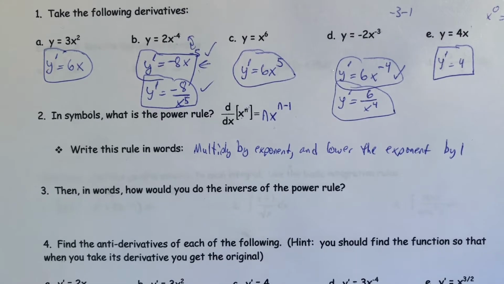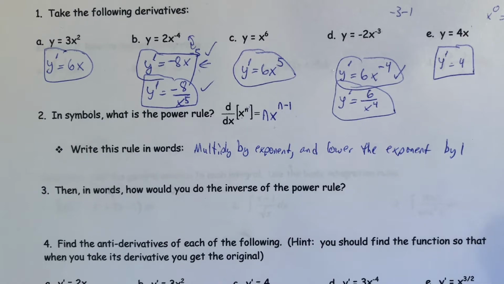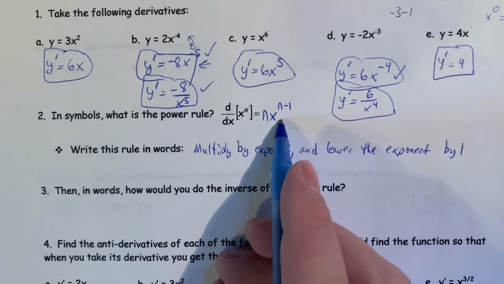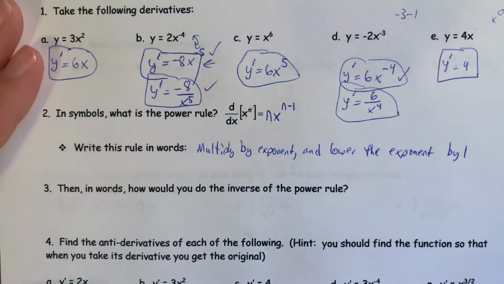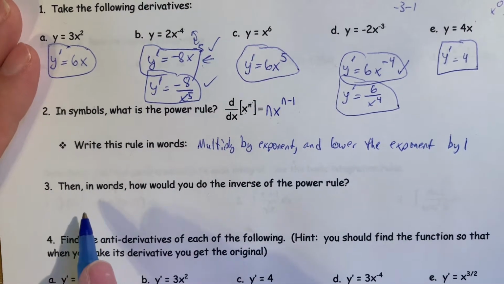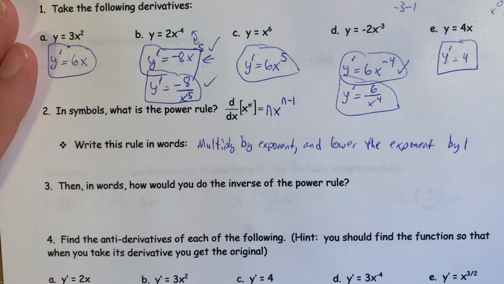Okay? Now, this is tricky, so think carefully about this. Remember that we said that the integral is the inverse of the derivative. And so to do the inverse of this rule, think back to your Algebra 2 days, or Algebra 1 days even, and when you're finding the inverse operations, there's something special you need to do when you're doing the inverse operations to get it right. So which of the following is how we would do the inverse of the power rule?